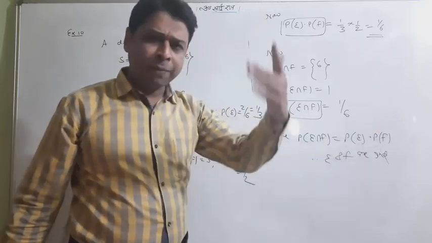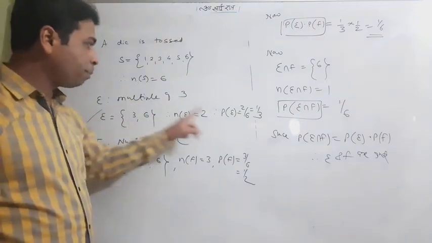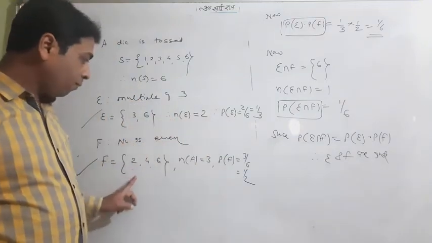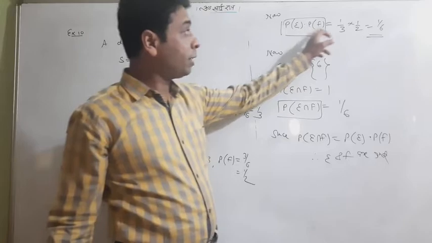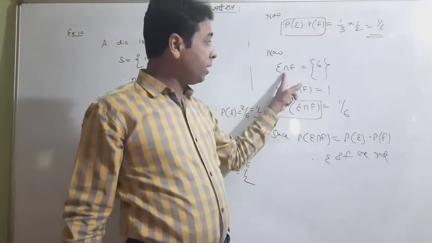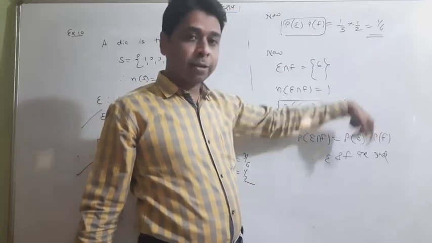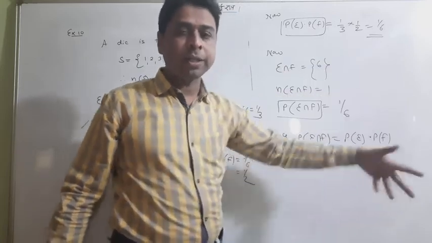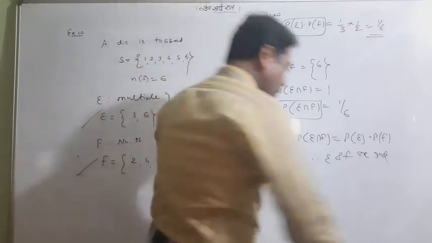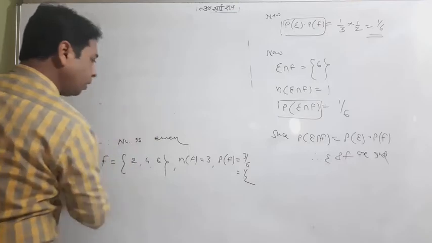First I got N of E, then P of E, then N of F, P of F, I multiplied and got P of E into P of F. Then I got E intersection F, the number of elements, the probability, and saw that both are equal, meaning the events are independent. That's simple. Hope you have got how we can show that events are independent.